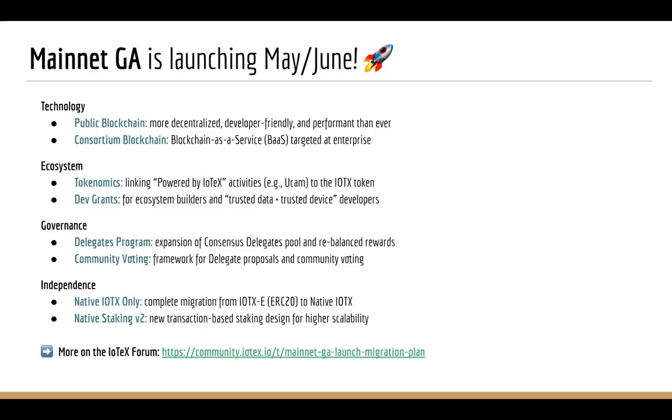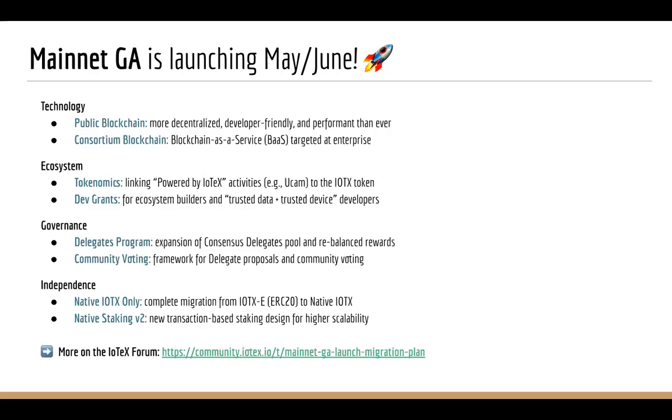How do we ultimately link the success of those initiatives to the IoTeX token? Another part of it is we're starting an exciting developer grants program for ecosystem builders, meaning people that want to build tools off of our wish list. We're going to formalize that process and also accept more open-ended proposals from developers that are seeking to build things related to trusted data and trusted devices.